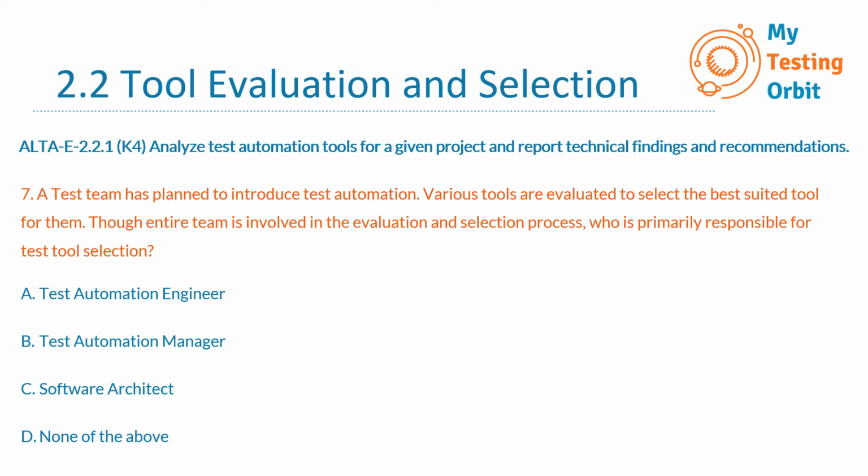The test automation manager's responsibility is to see all the recommendations, all the evaluations, and then at the end decide which tool needs to be selected. The software architect's job is more when we are designing the architecture of any test automation solution. So the correct option would be B, test automation manager.